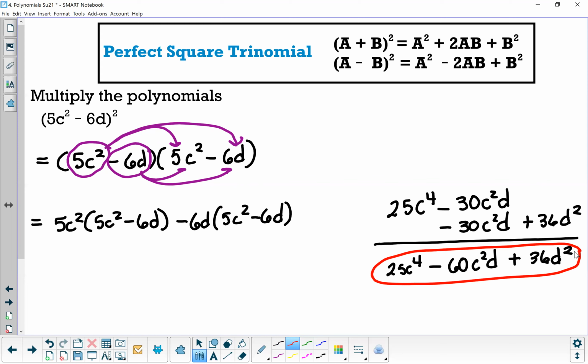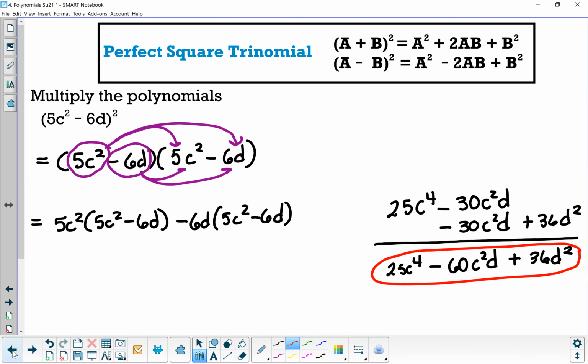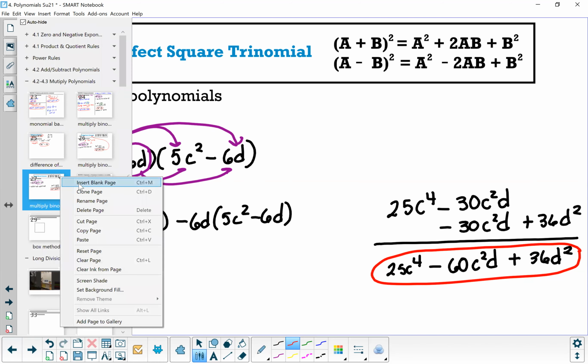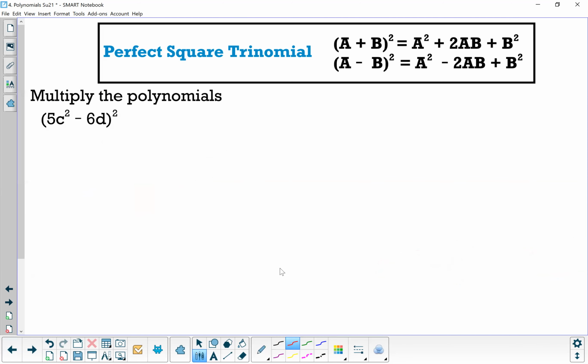All right. So let's try this again, but this time, let's see if we can use the formula. All right, here we go. We're going to use the formula. So we're going to do it again.